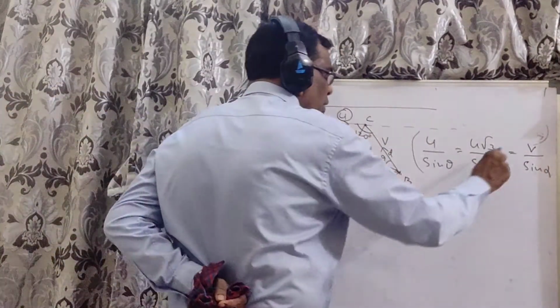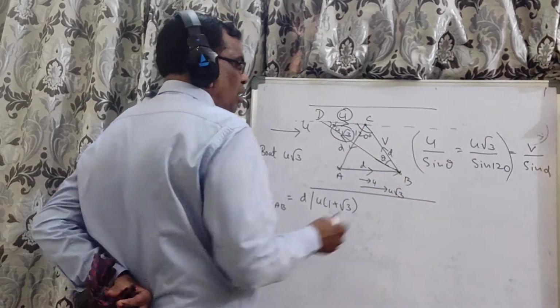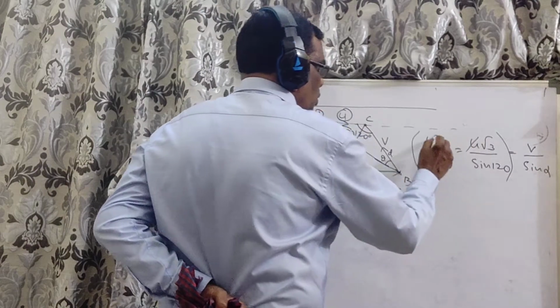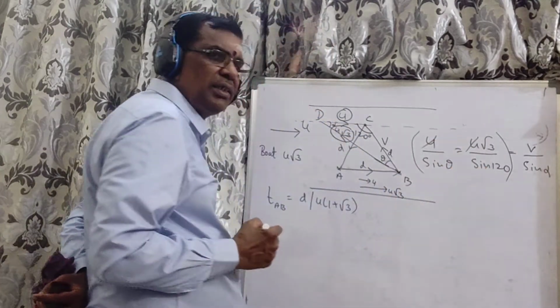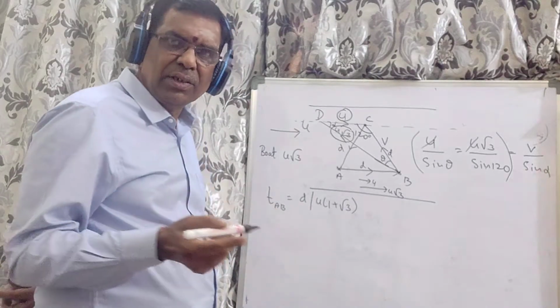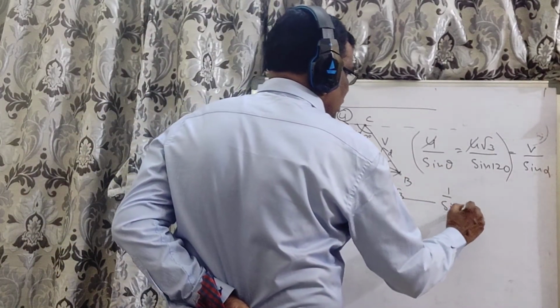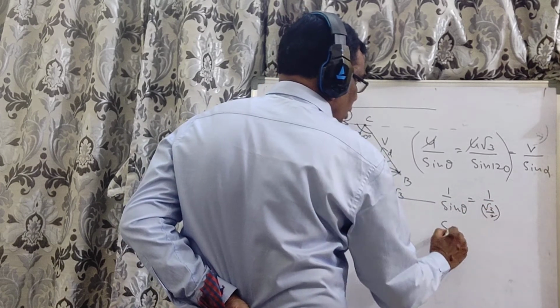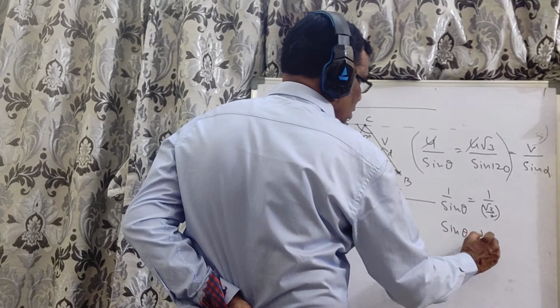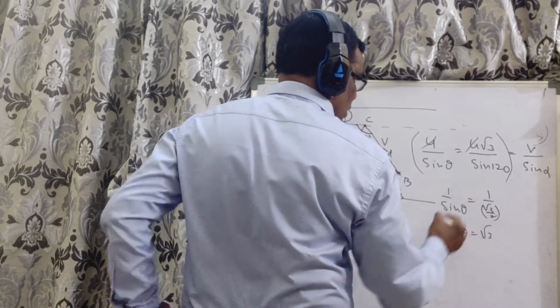But if I make use of these things, how do I get it? U gets cancelled, alright. Sine 120 is 90 plus 30, cos 30, root 3 by 2. So 1 by sine theta is equal to sine theta cos 30.